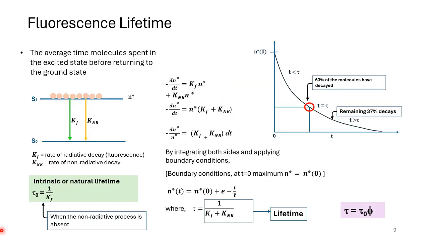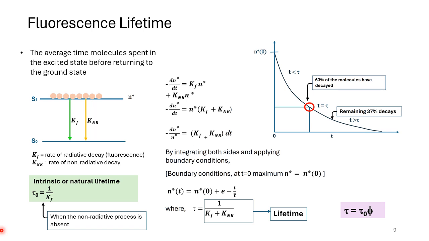The next important characteristic of a fluorophore is fluorescence lifetime. So fluorescence lifetime is the average time molecules spend in the excited state before returning to the ground state. Now let's understand this from this simplified Jablonski diagram.